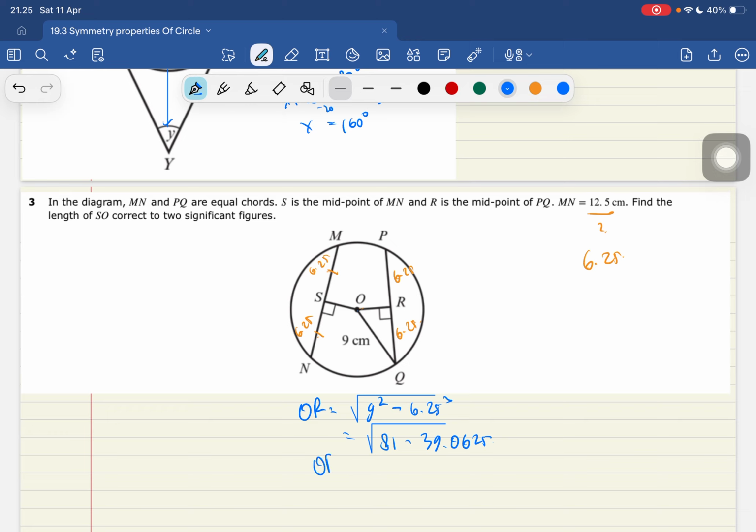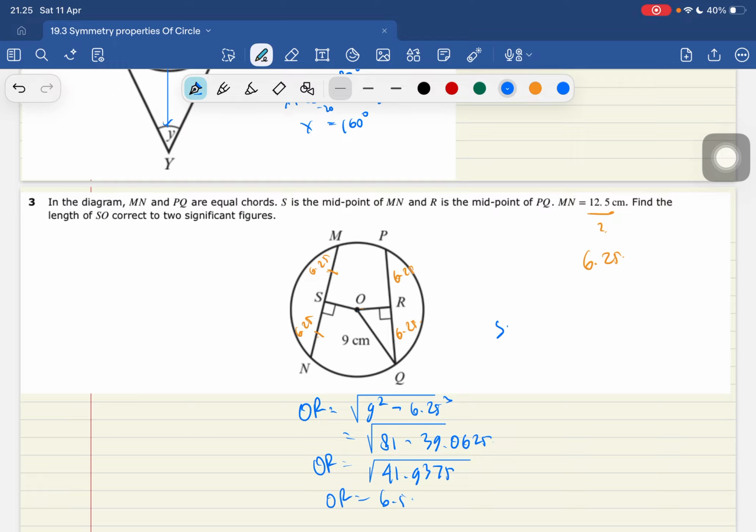So OR is the square root of that. Okay, so the OR is going to be 6.5.